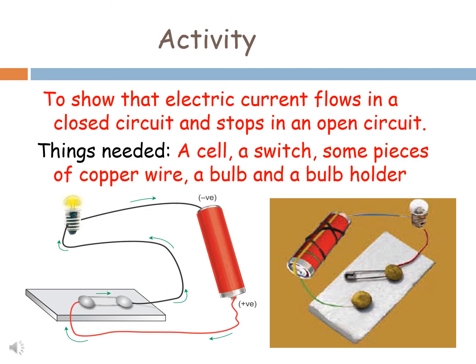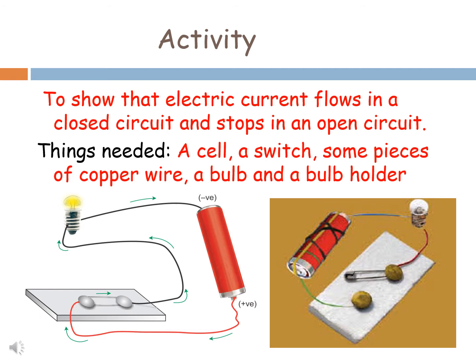To understand open circuit and closed circuit, we can also perform an activity which can show that electric current flows in a closed circuit and stops in an open circuit. What we require in this activity: we need a cell, a switch, some pieces of copper wire, a bulb and a bulb holder.